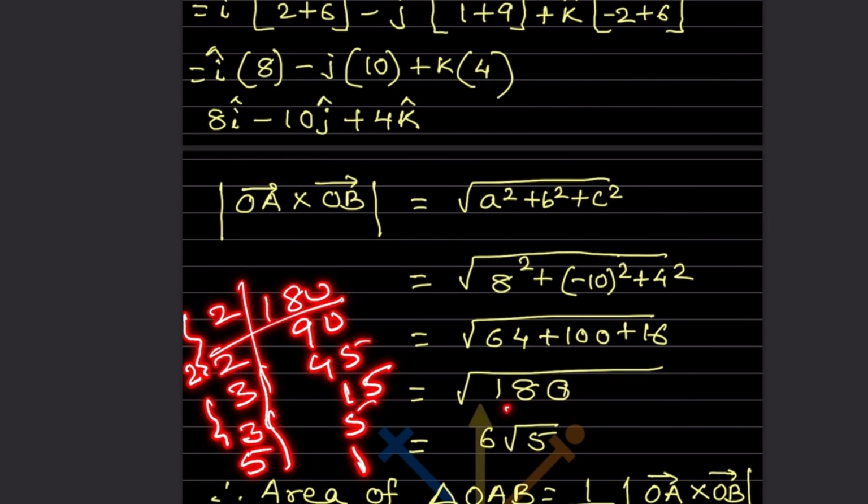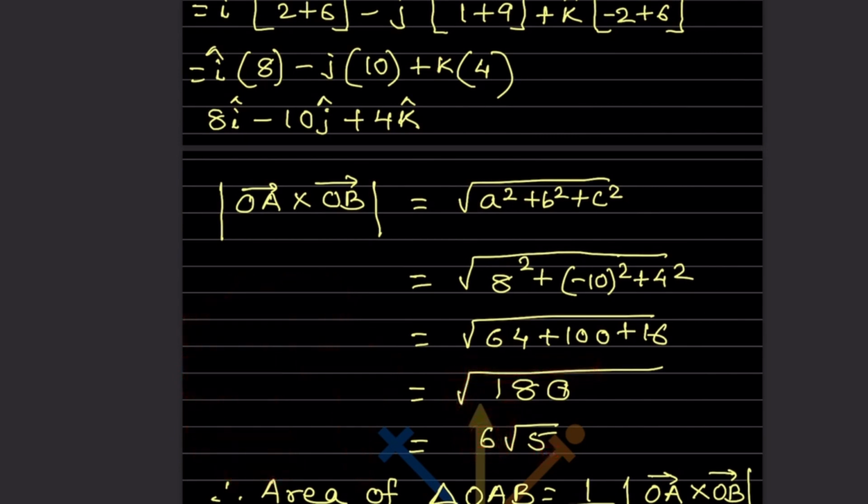So we can make a group of 2, here 2, and this is alone, so this will go in the root. So what will happen here? This is 3. So 2 threes are 6. So you are going to write here 6 root of 5, because this is alone, you will write it in the root, and these are the pairs. So you are going to take one of each pair because this is the square root of it. So hope you got it. So that will be 6 root 5.